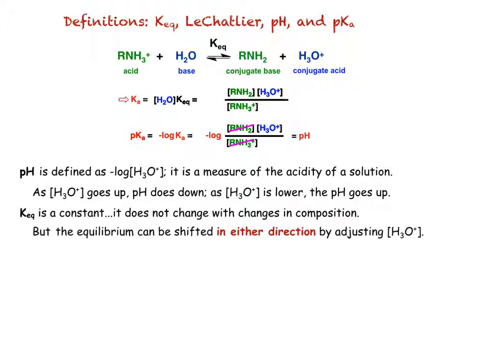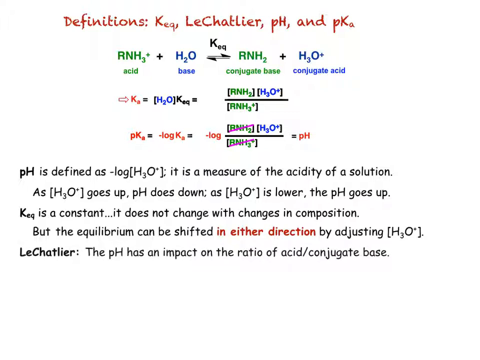So the equilibrium can be shifted in either direction by adjusting the H3O+. Le Chatelier says that the pH is going to have an impact on the ratio of the acid to the conjugate base, and that's the inverse of what I have above, but you could say that's the ratio of the conjugate base to the acid above. That ratio is going to be influenced by the pH, because the pH is the H3O+ concentration.